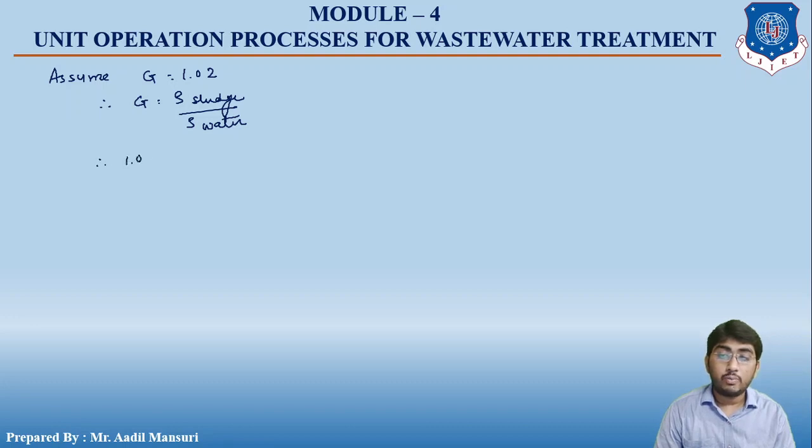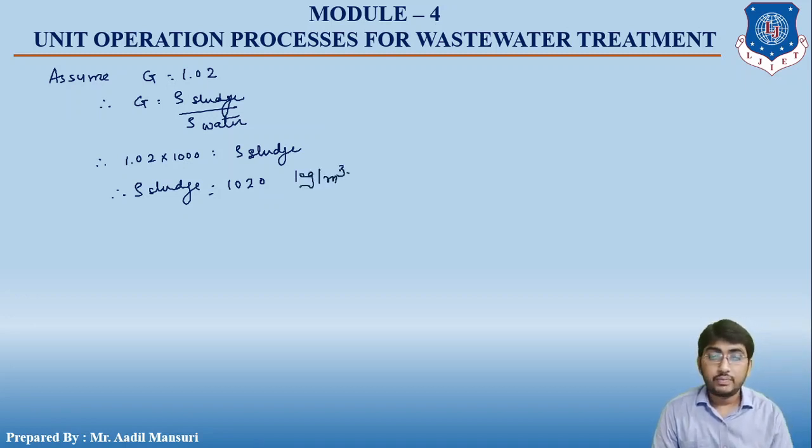So therefore 1.02 into 1000 is equal to the density of sludge. So the density of sludge will be equal to 1020 kg per meter cube. Agree?